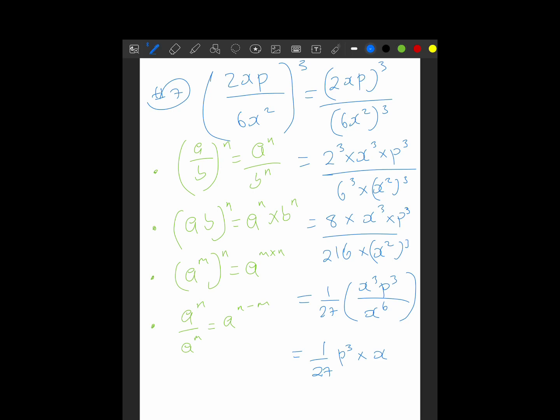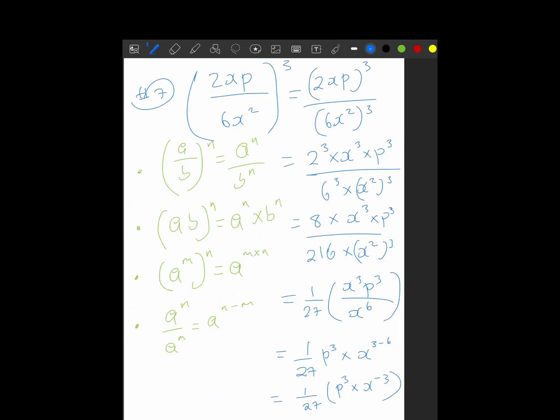So x power 3 minus 6. So we've got 1 over 27 times p cubed times x power negative 3. And that is your answer.